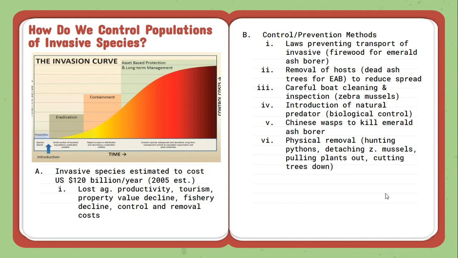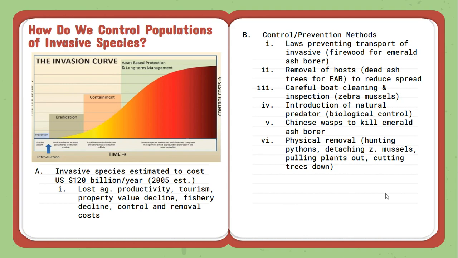So some ways that we might be able to prevent that could be stricter laws, right, preventing the transport maybe of invasives. We can remove maybe dead trees that may have been in contact with maybe spotted lanternflies or another type of invasive species.